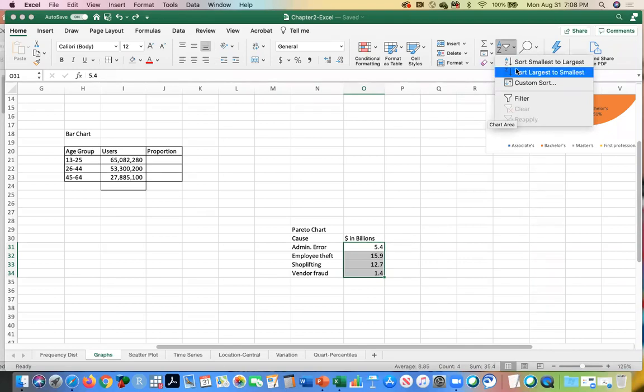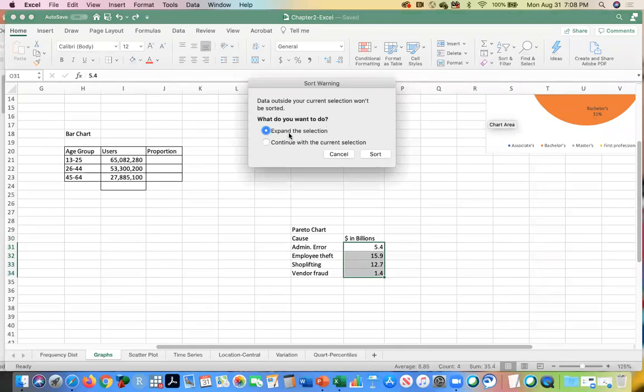But pay attention on this. If I say, okay, arrange this, it says expand the selection. So I will say in this case, yes, because I want the administrative error always be with the 5.4, the employee theft with the 15.9, so on and so forth. So I'm gonna ask Excel, expand the selection, meaning anything that is on the left or on the right has to move in the same way as this selection.